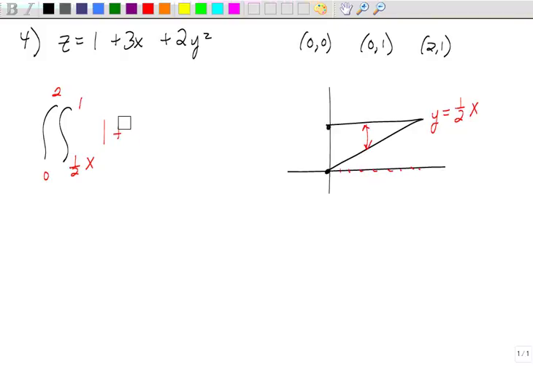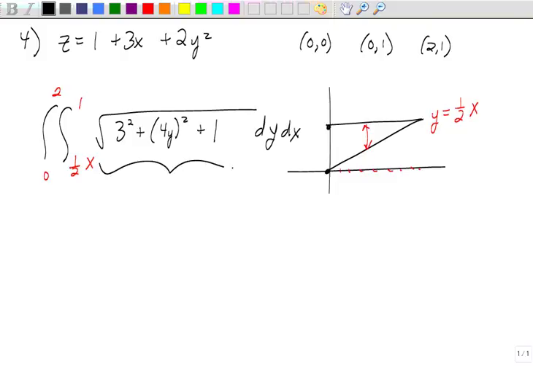I keep forgetting we're doing surface areas, so we need the square root of f_x squared plus f_y squared. Now, this is going to be hard to integrate with respect to y, because that's going to be 16y squared, and we don't have another y in the problem, so we can't use substitution.